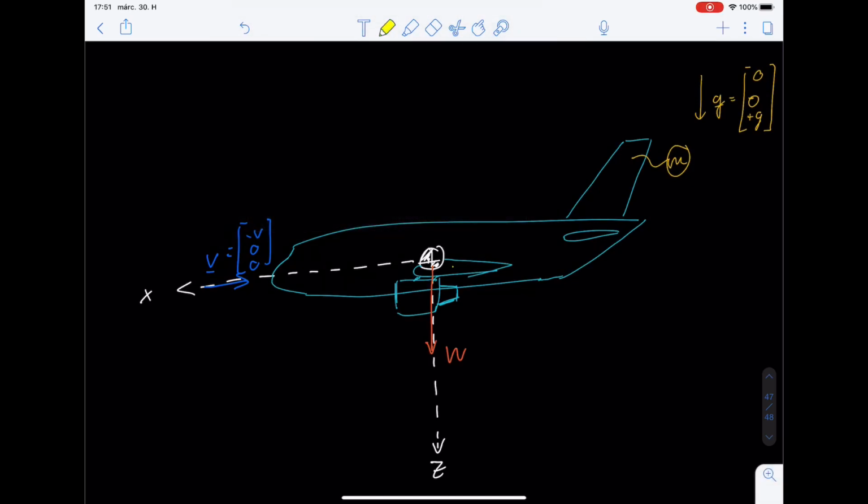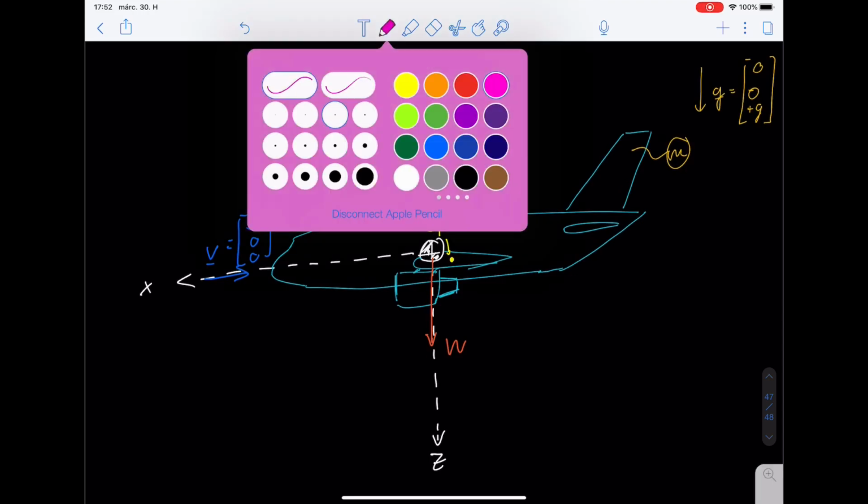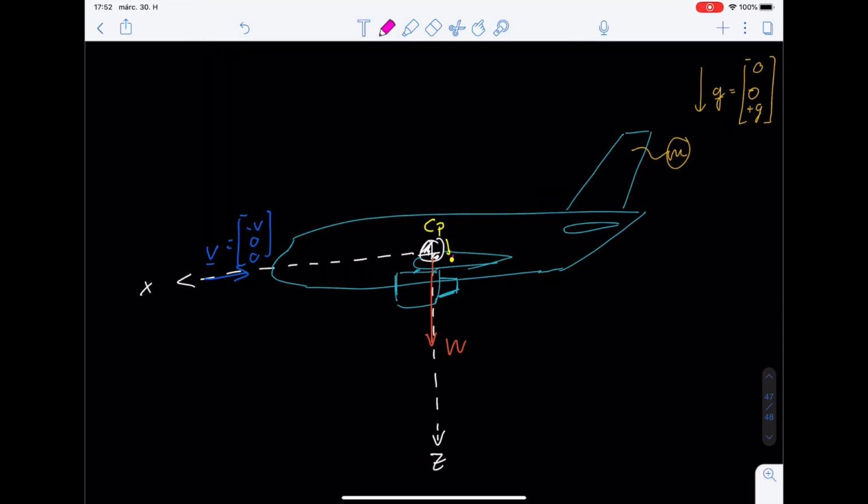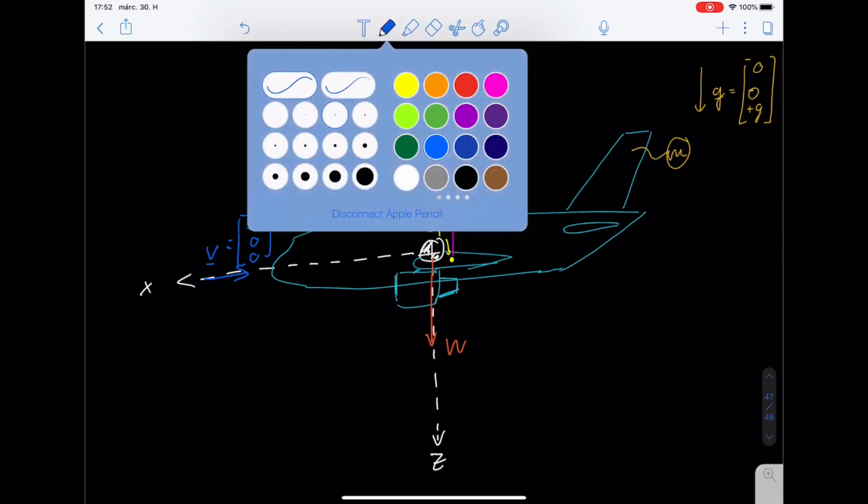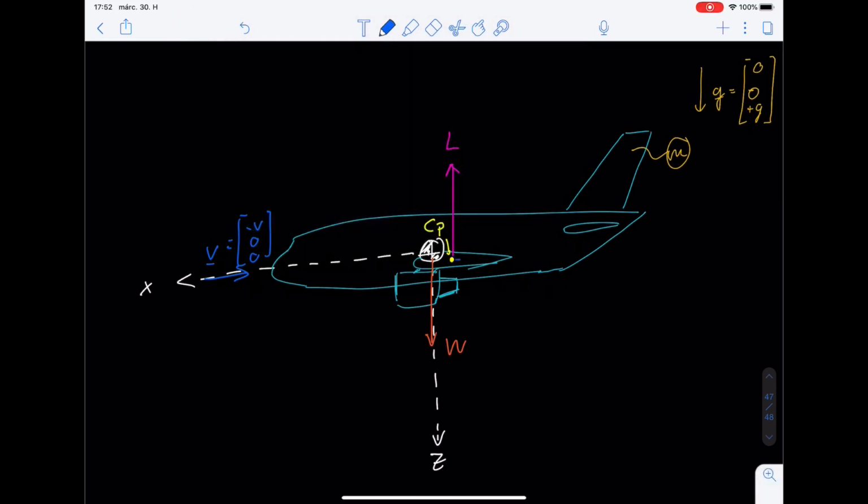So here you have the center of pressure, CP, this one. And in the center of pressure, we have the lift force, which is perpendicular to the direction of the relative airflow. And also we have the drag, right, which is parallel with the direction of the relative airflow.